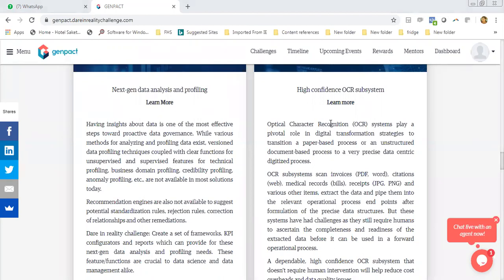And in fact, we have enough and more experience on areas where they don't work properly, or there is heavy usage of human intervention for us to ensure that the quality of the data captured by the OCR system is brought up to an acceptable mark, which can then be used by systems forward to that process after the OCR data capture is done.